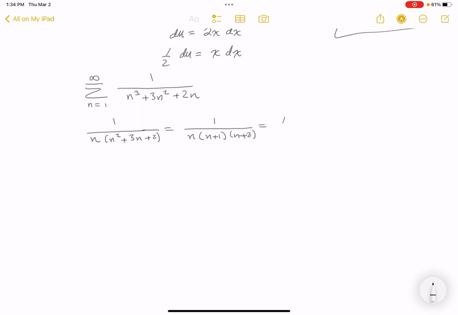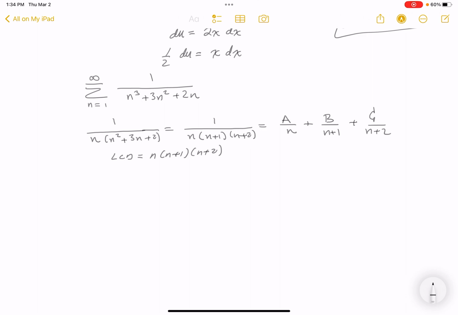This equals a over n, plus b over n plus 1, plus c over n plus 2, where I don't know a, b, and c yet. I can multiply both sides with the LCD. The LCD is n, n plus 1, n plus 2.